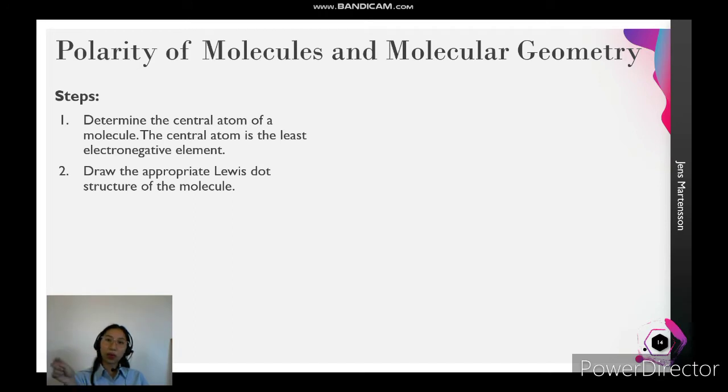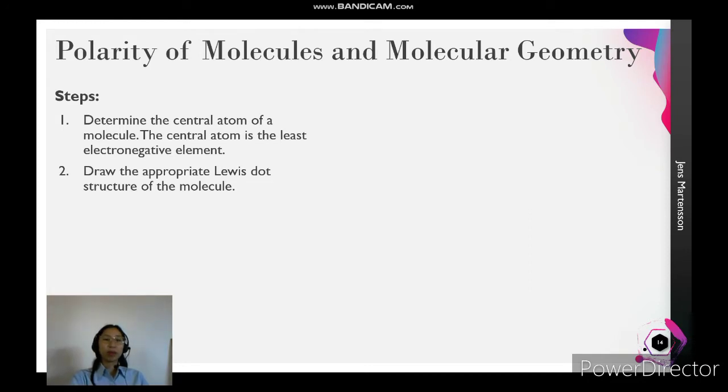Yes, those are your valence electrons. Valence electrons are the electrons found in the outermost shell of your atom. Okay? Ayaw kalimti na siya.